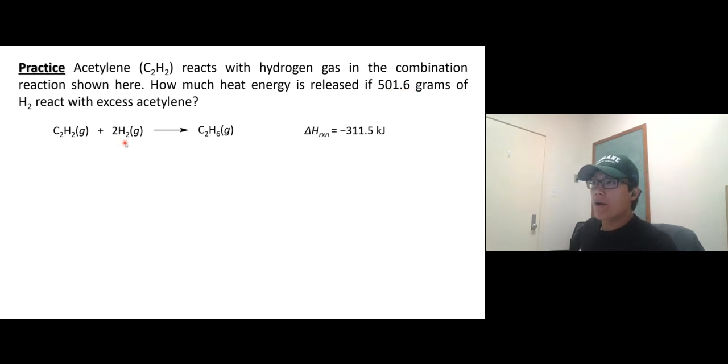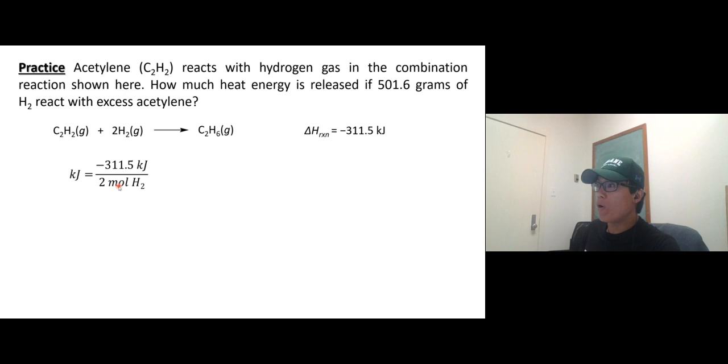The question asks for the total heat released. From the equation, 2 moles of hydrogen gas release that much energy, right? So the question asks, what if you have only 501.6 grams of hydrogen gas? How much energy will be released?